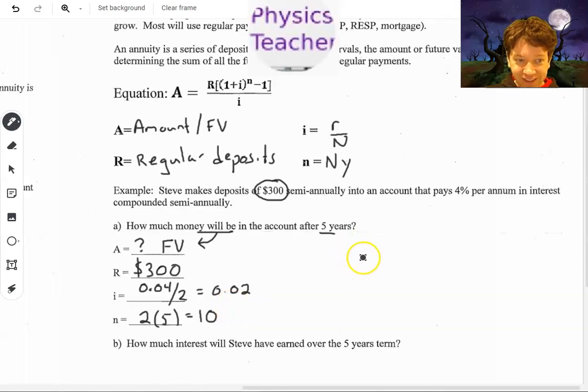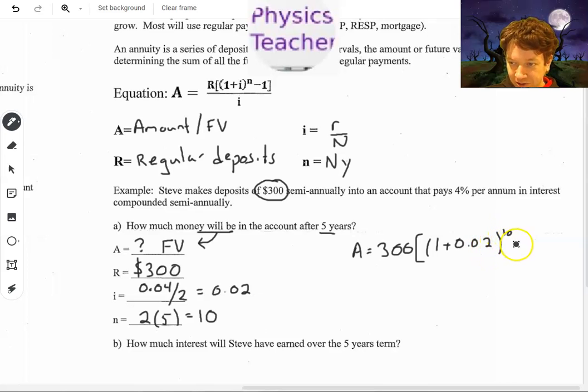So now we can calculate this. So A equals, using our equation, 300 times, got a double bracket there, 1 plus I, which is 0.02, to the power of little n, which is 10, minus 1, end our bracket, all divided by I again, which is 0.02.